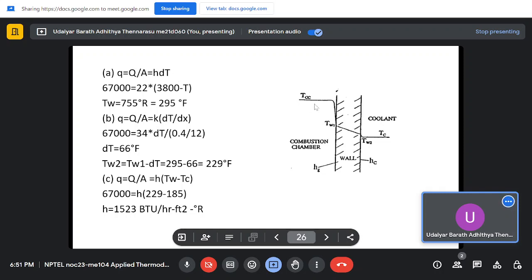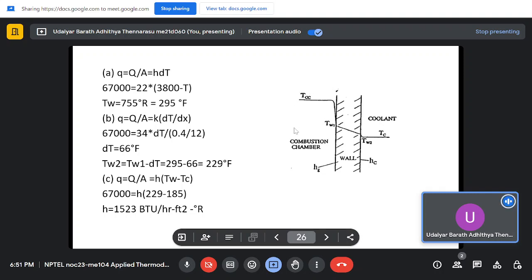So Q, the heat flux, equals h delta T, where delta T is between the combustion gases and the wall. Since we are given the heat flux, the area is not required. So the heat flux 67,000 equals the heat transfer coefficient 22 into the gas temperature 3800 Rankine minus T, where T is the inner wall temperature.